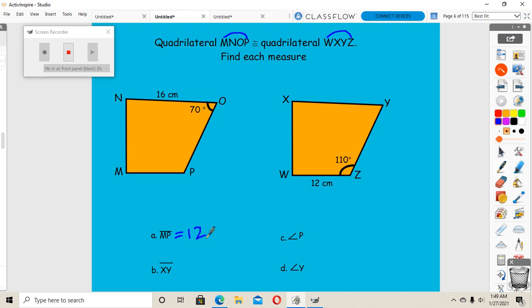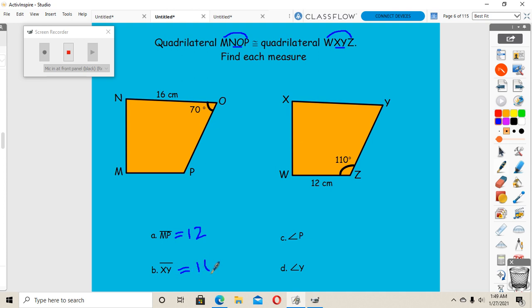Then we have XY, the middle two letters, and here NO. NO is equal to XY. We can say XY is 16.